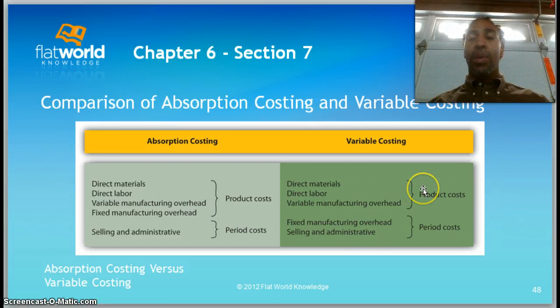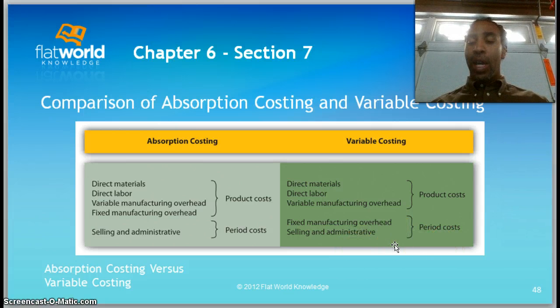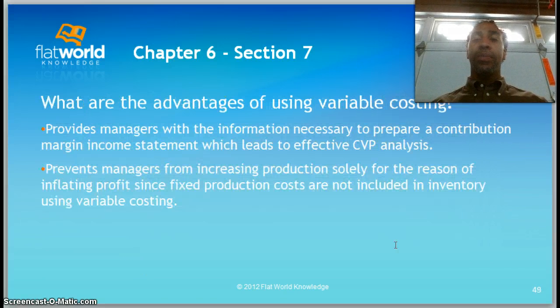But what's missing from the product cost? Well, what's missing is that fixed manufacturing overhead. That's now moved down to this bottom section where the cost is going to be incurred in the period. So fixed manufacturing overhead is now going to be incurred in the period just like selling and administrative costs. And that is the difference between absorption costing and variable costing.